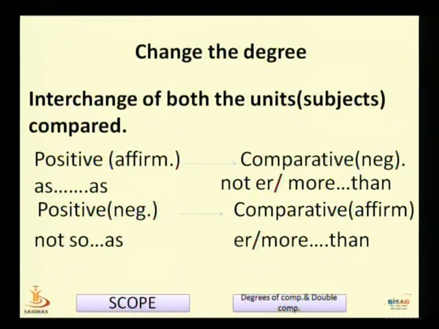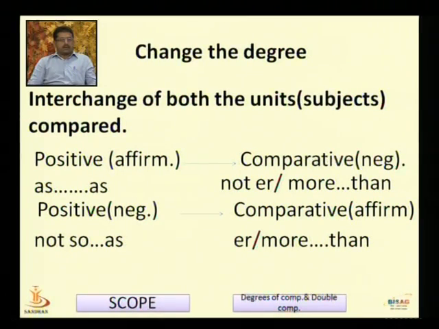Interchange of both the units which are compared. So when there is an affirmative sentence of positive degree with as, it becomes negative in comparative degree, and not plus er or more plus than is used in comparative negative.